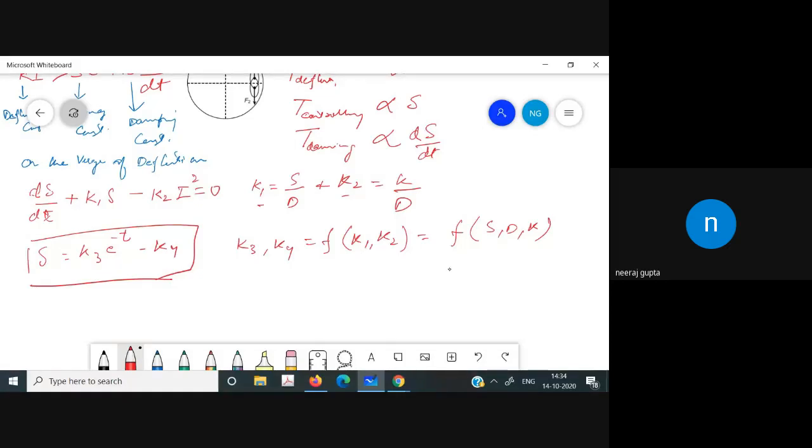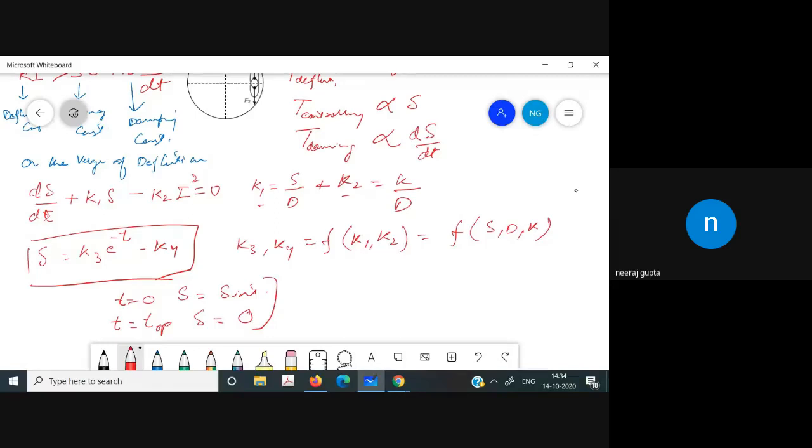Now, at t equals 0, as I told you, the value of delta is delta initial. That is, we have retarded the backstop to that position at time equals 0. And when t equals t operational, that is when it wants to operate, at that very time delta equals 0, as we have discussed.